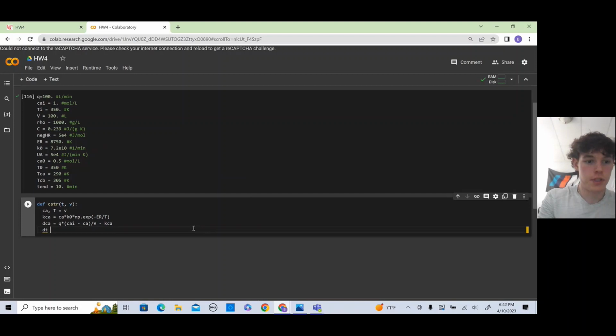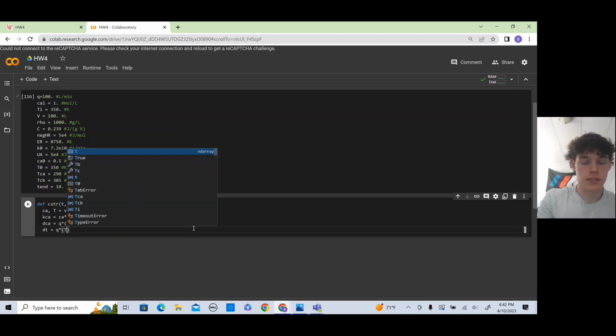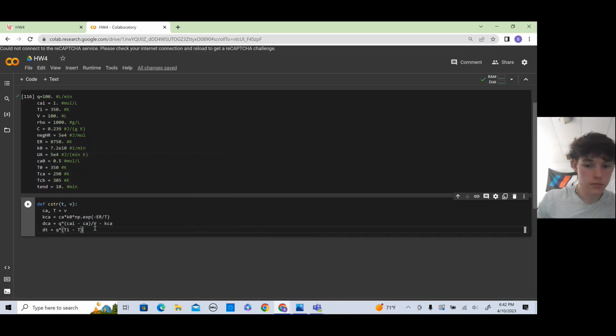To get our change in temperature, it's a little bit more complicated, but we have our Q, it's the equation we derived earlier, times our Ti minus RT, and that will be divided by, it was initially Q, C, and rho, so this would be divided by our volume, and then plus, since our heat of reaction has already been changed to negative, we can just keep it how it is.